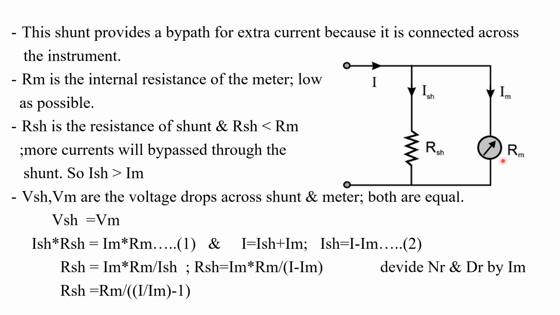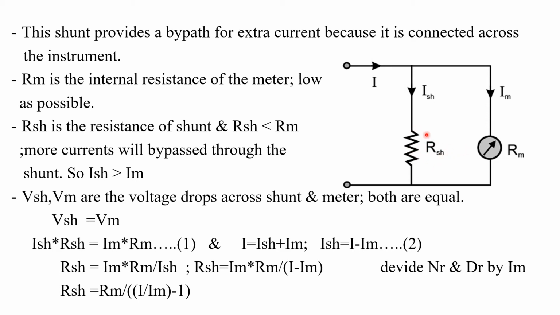We have discussed that if we want to measure heavy currents, then we can use a resistance in parallel with the meter, because this meter has some limit to measure current. If the current exceeds that limit, then we use this shunt resistance.